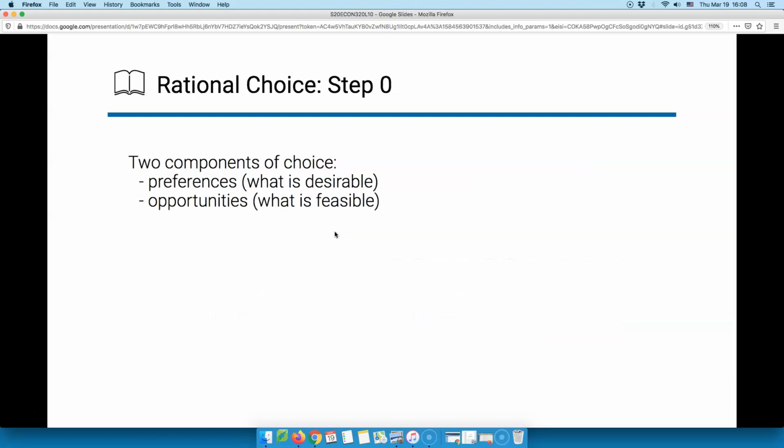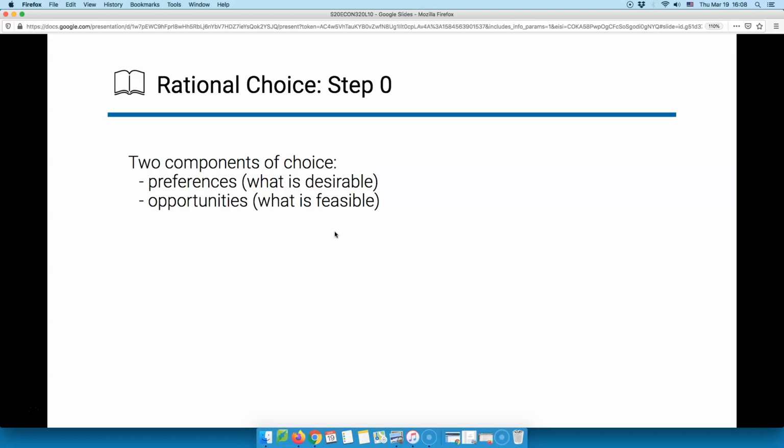Okay, so what are the components of choice? There are two components: the preferences that describe what is desirable by the agent, and the opportunities, that is, what is feasible. And the important thing here is that the preferences and the opportunities should be independent of each other. It means you shouldn't want or not want something because you can or you can't afford it.